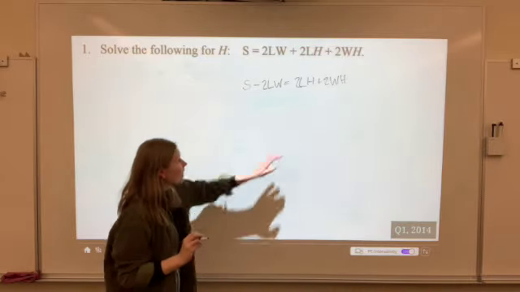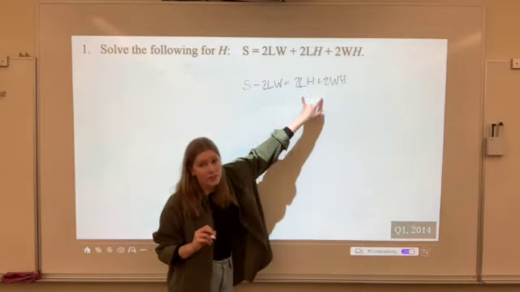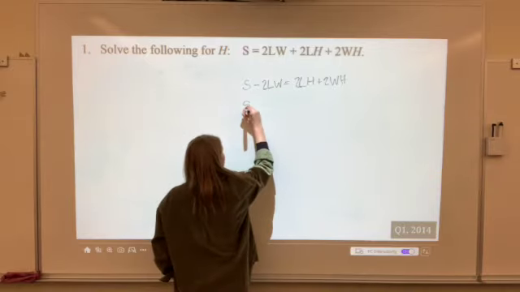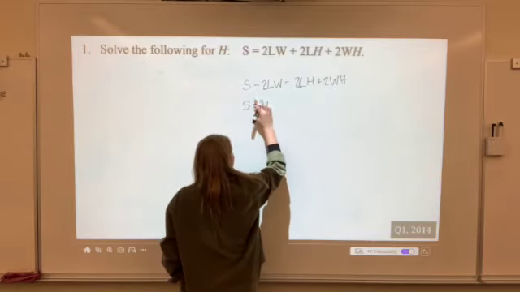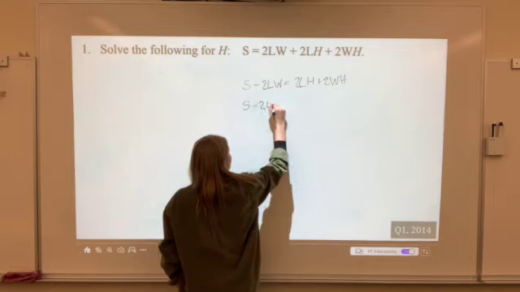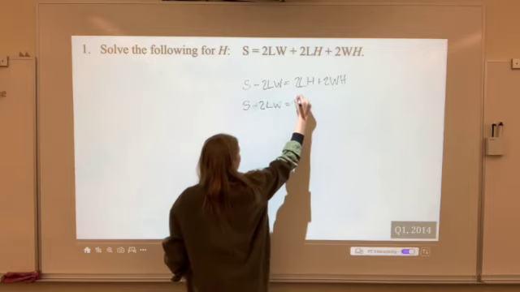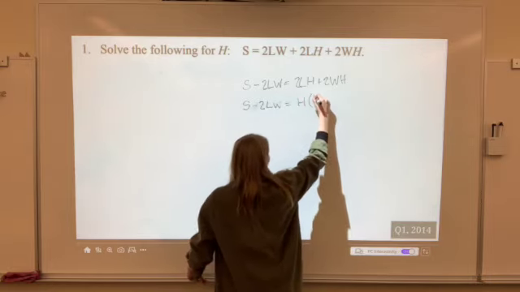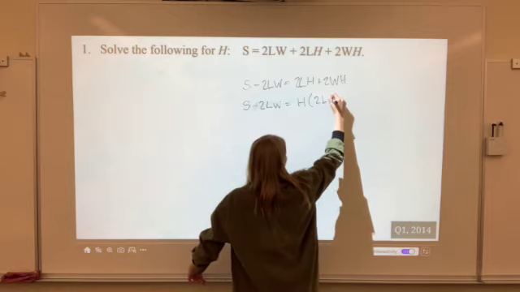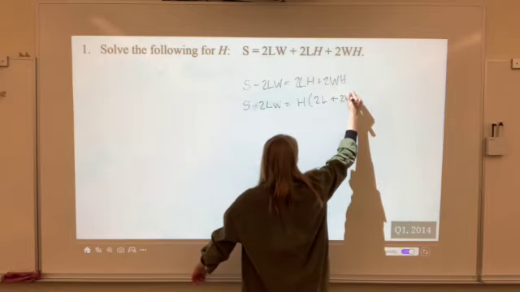Now, I can factor out an h from every term on this side. So I get S minus 2LW is equal to h times 2L plus 2W.